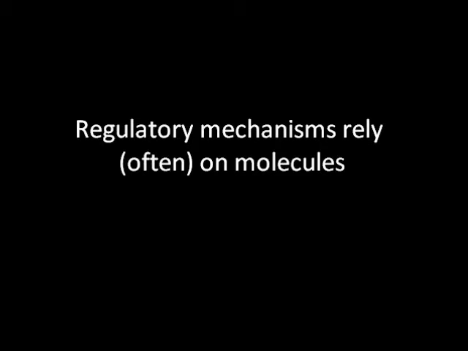Not always. Sometimes we can get around it. But most of the time when we're talking about regulation, we're talking about regulatory molecules: hormones, ions. Neural impulses are basically the movement of ions or the movement of molecules.